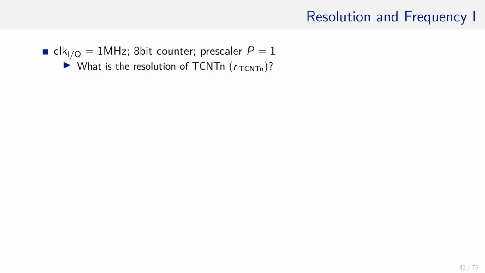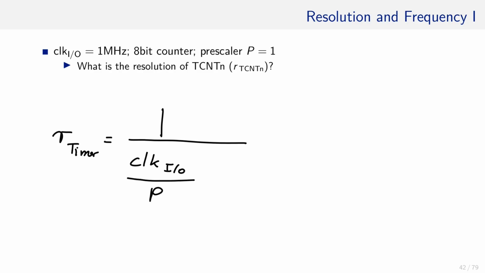Did you get it? What is the resolution of the timer? So we have the resolution of the timer, which is equal to 1 divided by the I/O clock divided by the prescaler, which equals 1 divided by 1 into 10 to the power of 6 Hertz divided by 1.